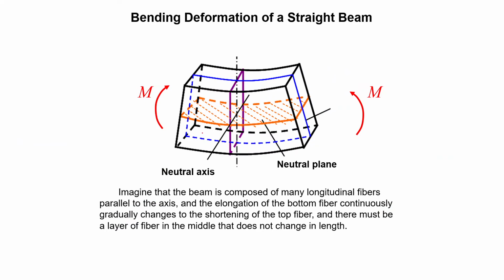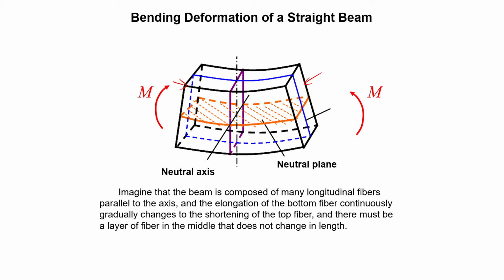To analyze a beam, first of all, you need to look at this picture. As I mentioned, there's a neutral plane. On the top, especially when you apply a bending moment, you will see that the part on the top of the neutral plane, in this case, is under compressive stress.